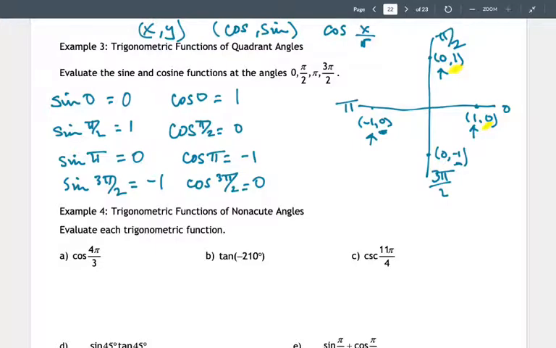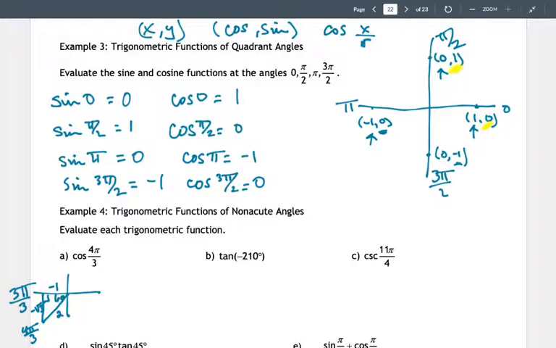All right, the next set of examples, they're just wanting you to remember how to use your unit circle, basically. Remember 4 pi over 3. This is pi right here, which is 3 pi over 3 to get a common denominator. So 4 pi over 3 is going to be in the third quadrant. Any pi over 3 is a 60-degree reference angle. So this would be negative square root of 3 across from that 60 degrees, this would be negative 1, and this would be 2.